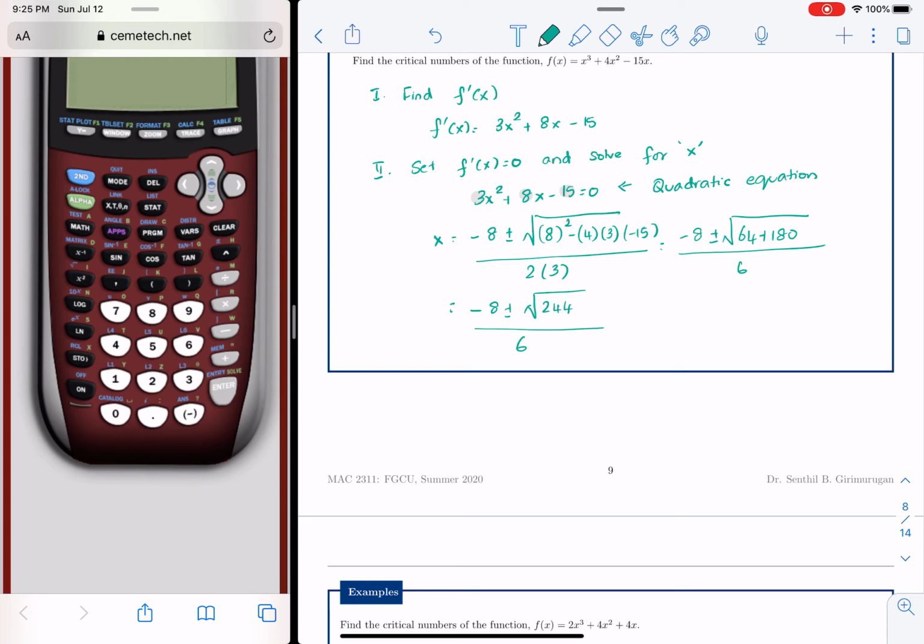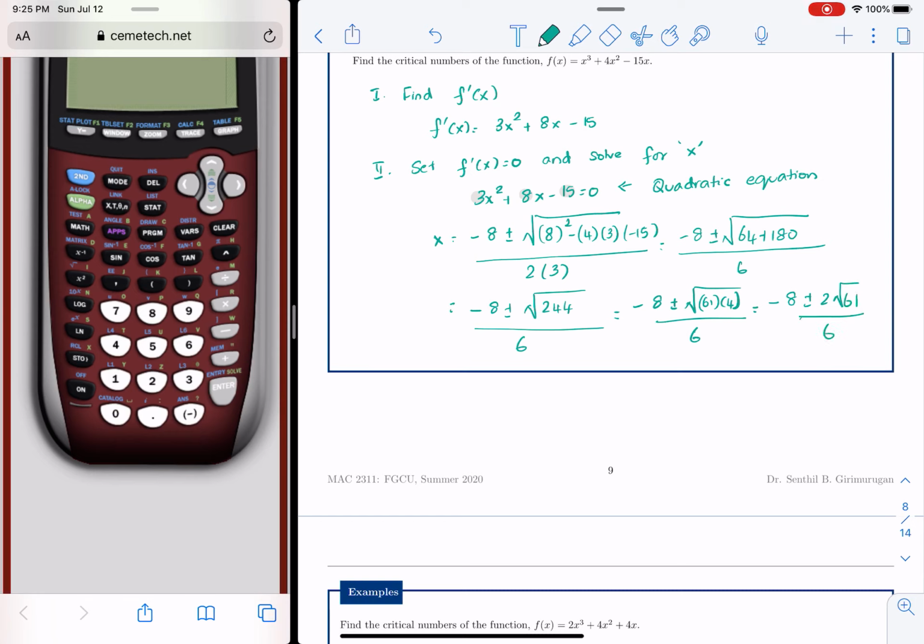244, if I pull a 4 out, is 61. So we have minus 8 plus or minus the square root of 61 times 4, divided by 6. And if we pull the 4 out, we have minus 8 plus or minus 2 root 61 over 6.